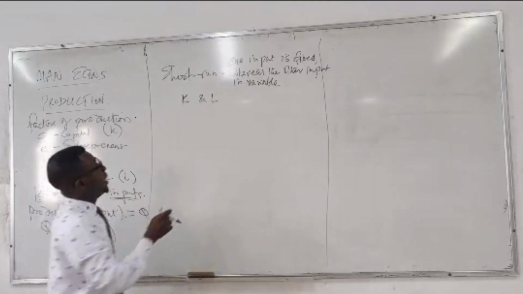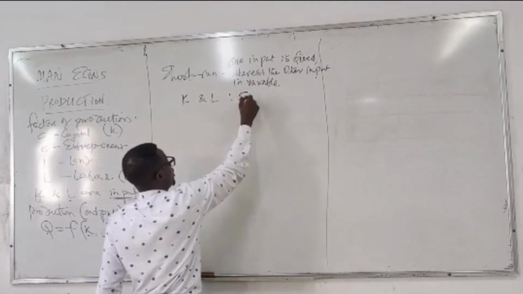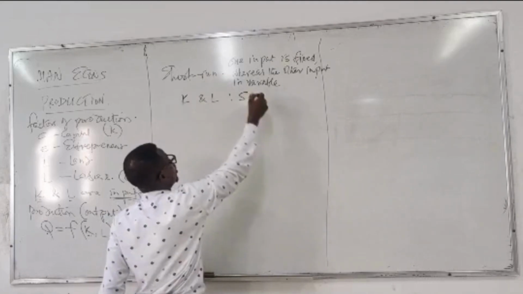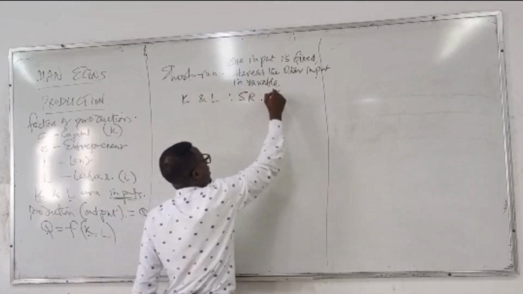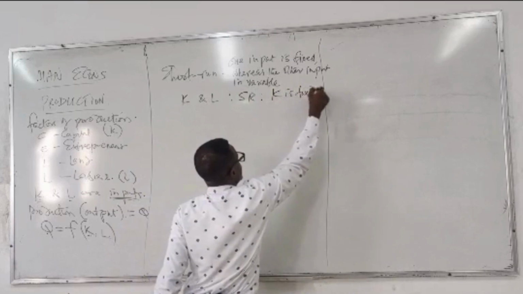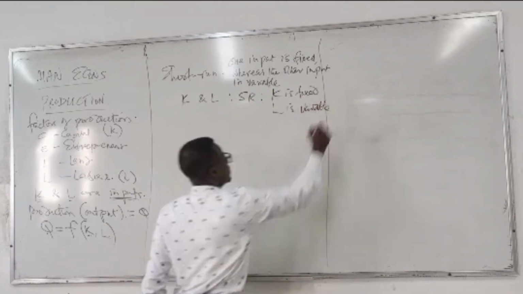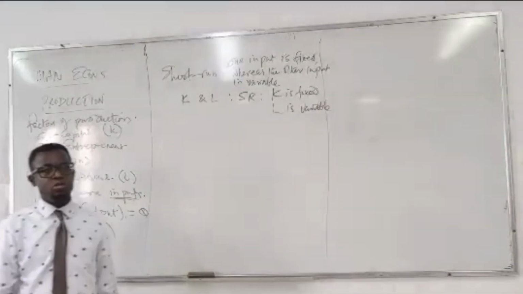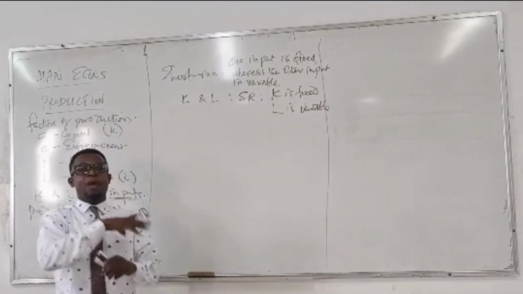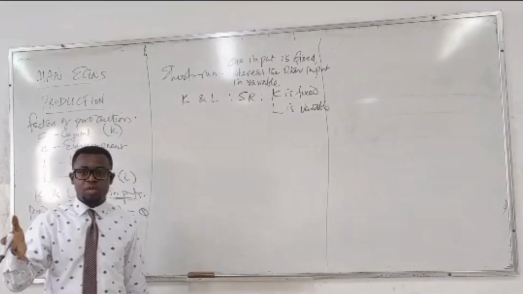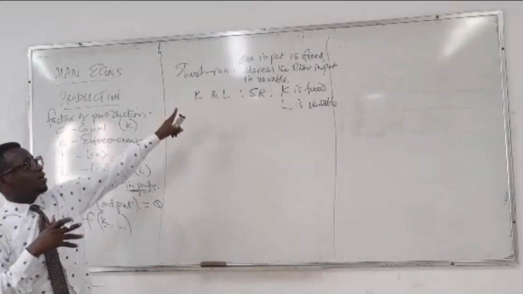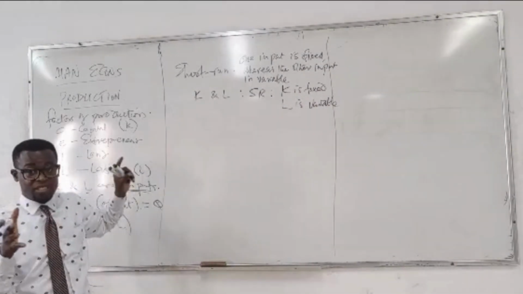So basically, in the short run, capital is fixed and labor is variable. When you ask how you can determine whether a production situation is in the short run, you must say that capital, which is an input, is fixed.